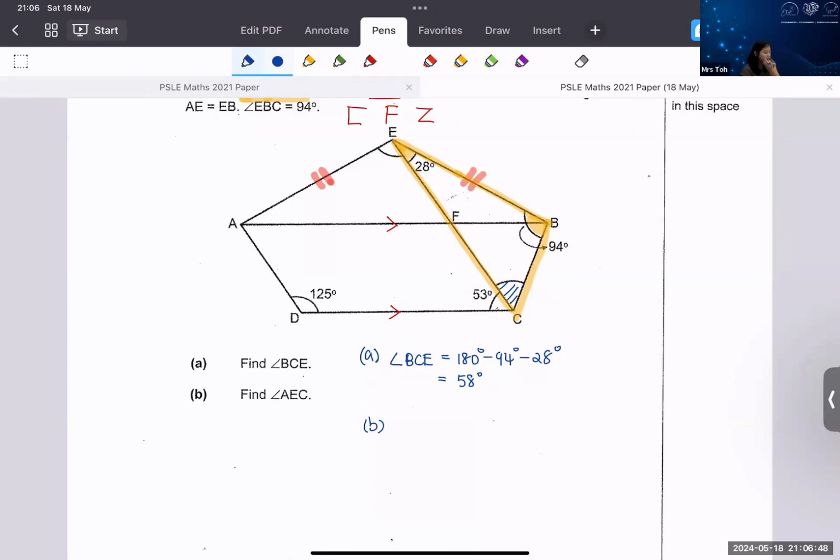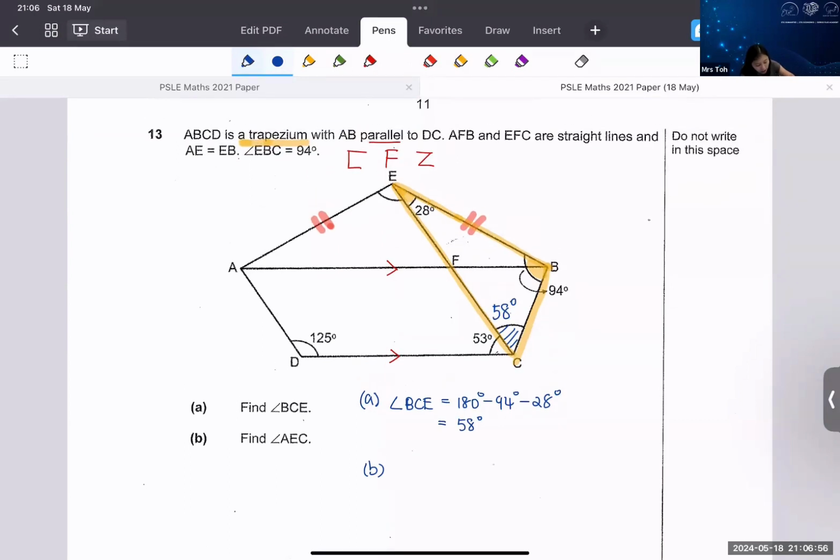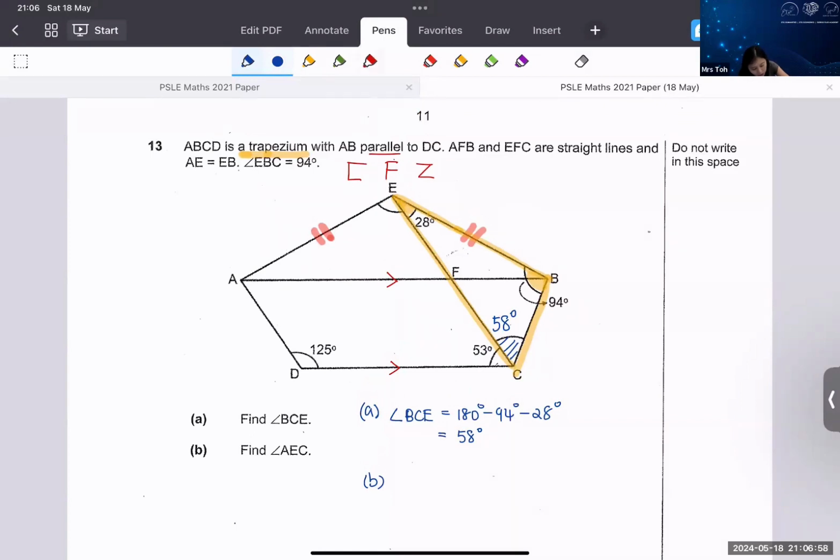Okay, let's see if we can get to the shortest way possible. So this is 58 degrees. Okay, to find AEC, right, it is here. Okay, Naomi, do you mind unmuting and tell us how to get there in 1 step? If not, you can type out.